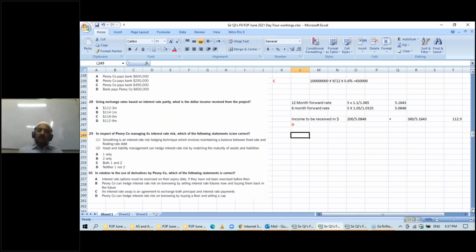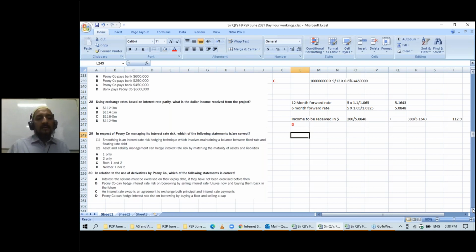Smoothing is an interest rate risk hedging technique which involves managing a balance between fixed rate and floating rate debt. Yes, it's correct. By borrowing some amount at fixed rate and floating rate, you can smooth up the interest. You can reduce the fluctuations.